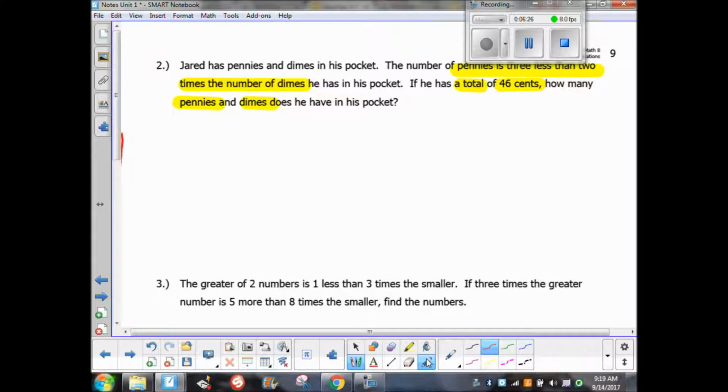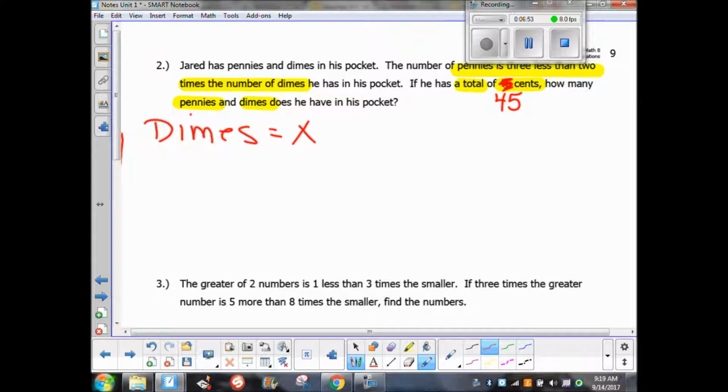So, what do we know nothing about? The number of pennies is 3 less than 2 times the number of dimes. We know nothing about dimes. It says 42. 45? Okay. I think we probably changed that to make the problem a little nicer. So yeah, 45.